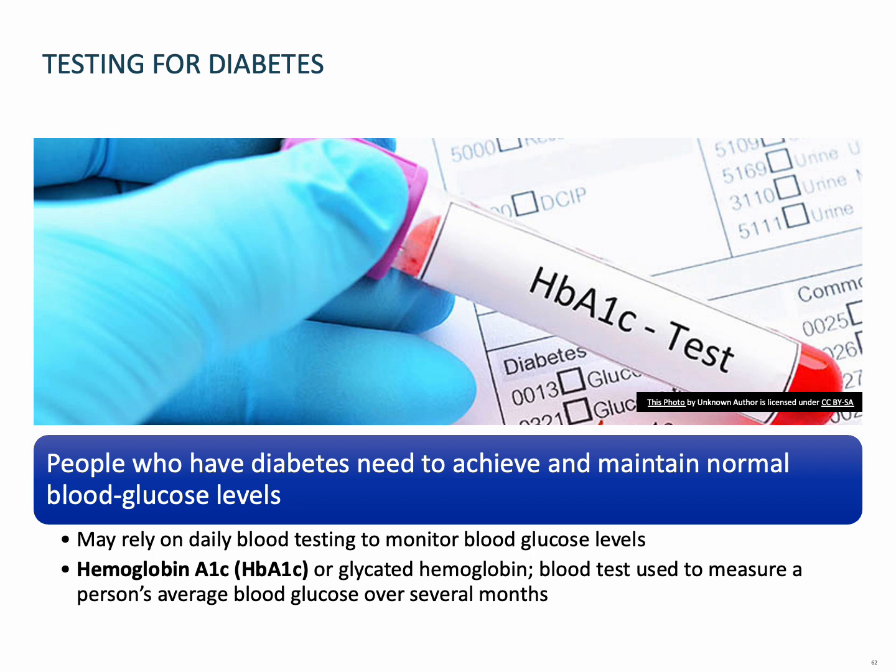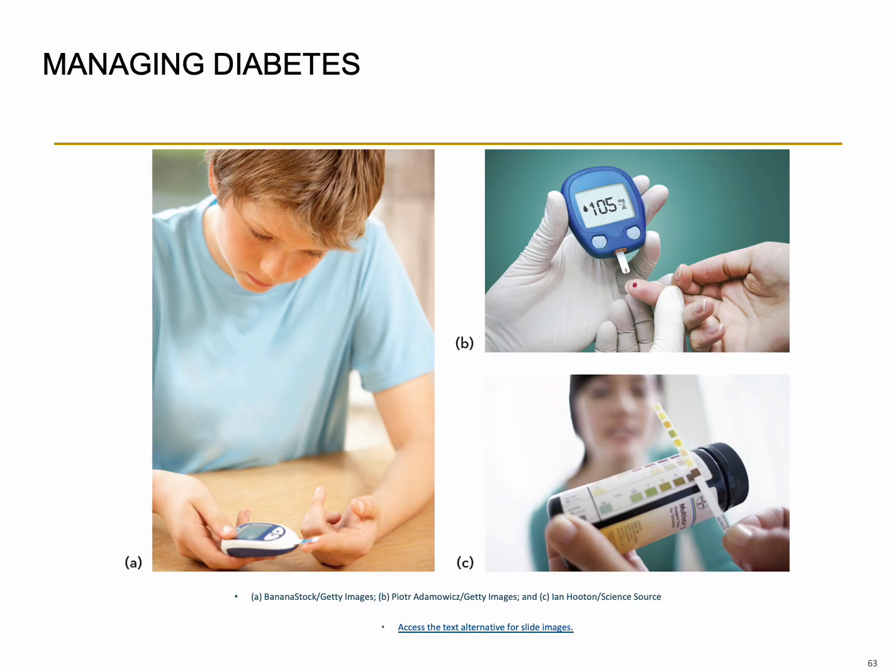So you can do the daily testing with a blood sugar monitor to get a feel for how the ebb and flow of your blood sugar is going. And then you can do the A1C test to get more of a longer range picture. Diabetes is a disease that does react very well to good treatment.